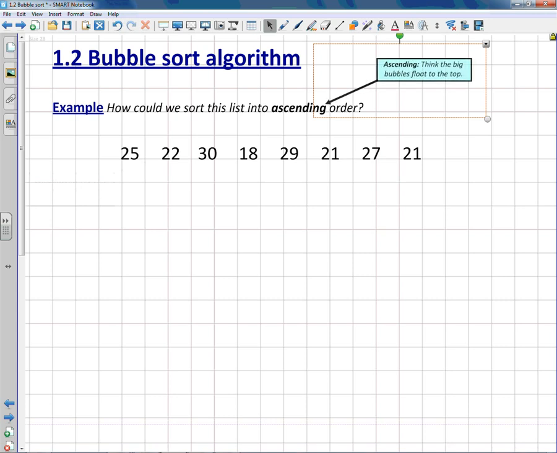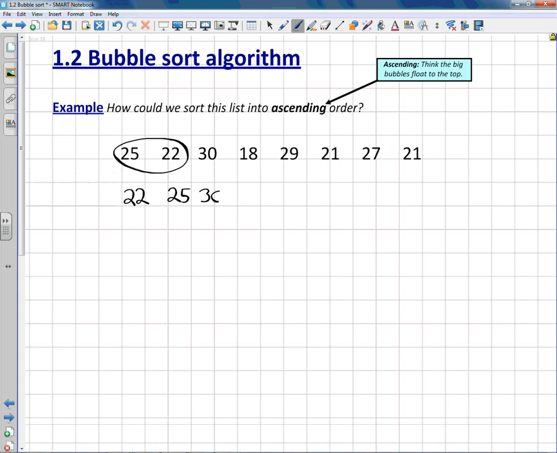First of all, we start with the first two numbers, and we circle them. And we ask ourselves, is 25 bigger than 22? Well, of course it is. So that means that the 25 will jump over the 22. So now the 22 is here and the 25 is there.